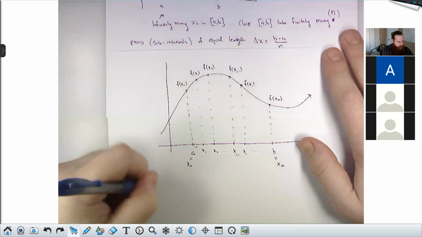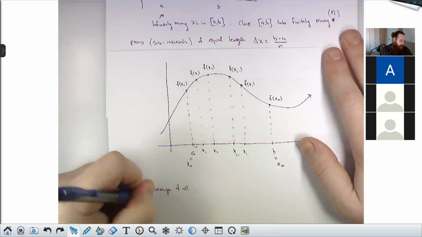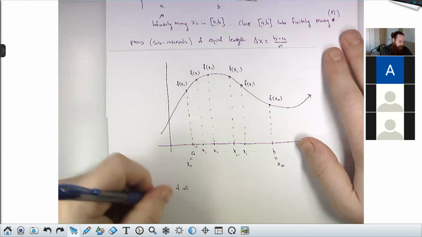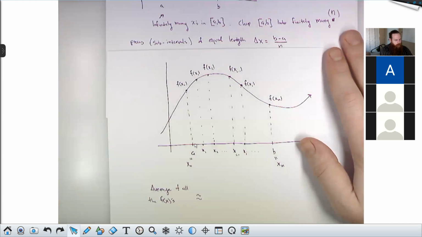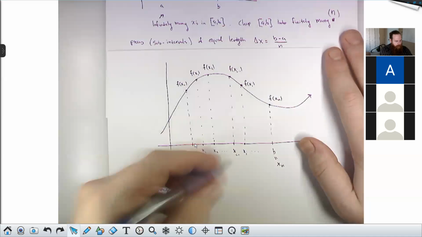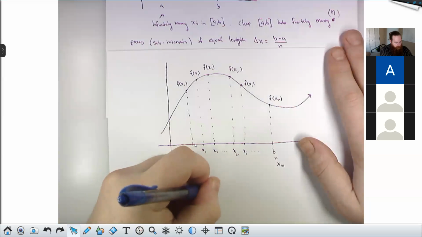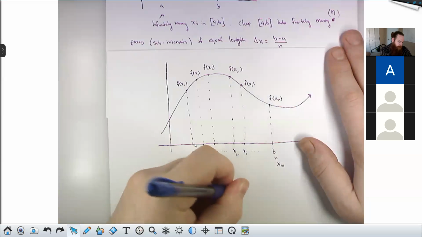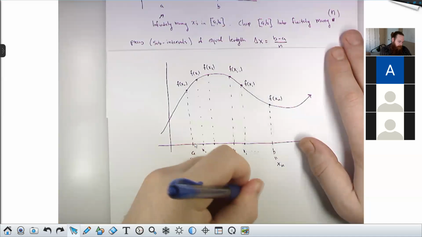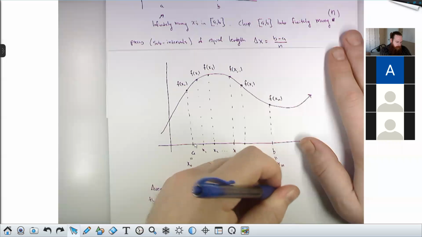So the average of all the f of x's should be approximately, maybe I'm not getting all of them because I only have finitely many, but the average of these particular guys, well, that's going to be, first add them all up, f of x0 plus f of x1 plus f of x2 all the way out to f of xn.